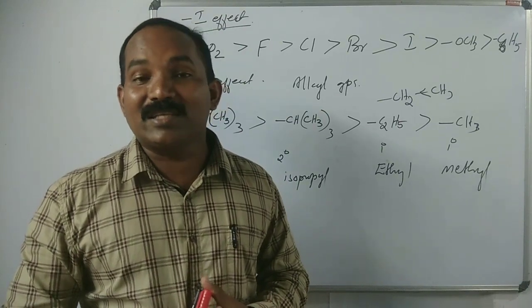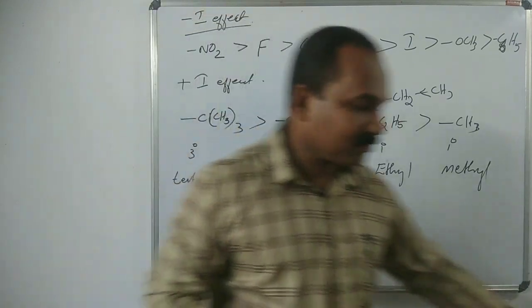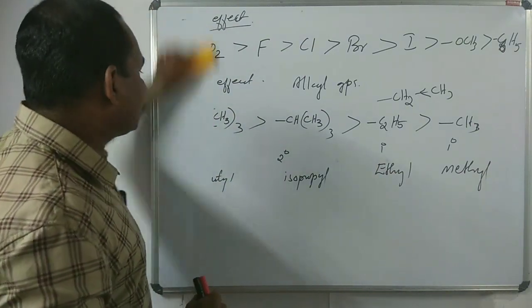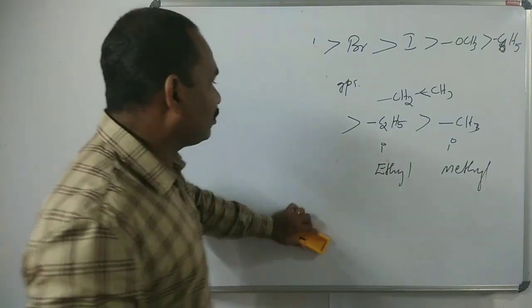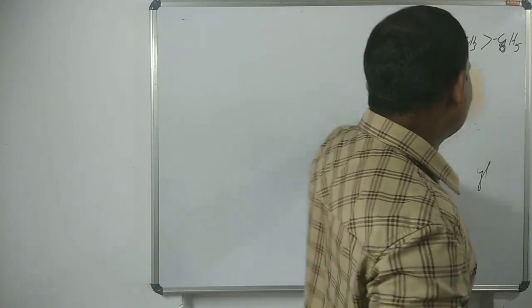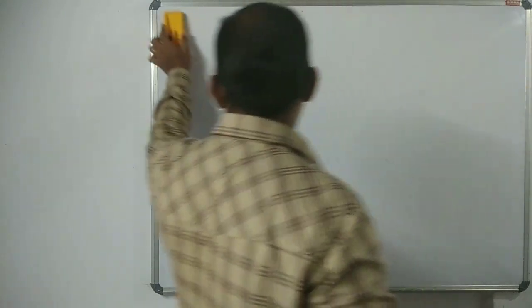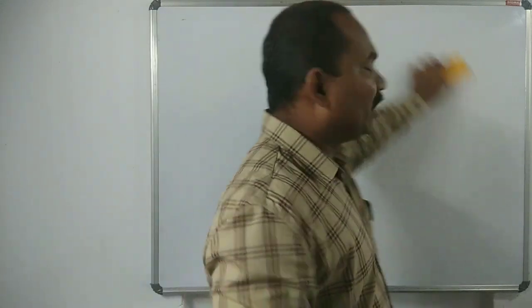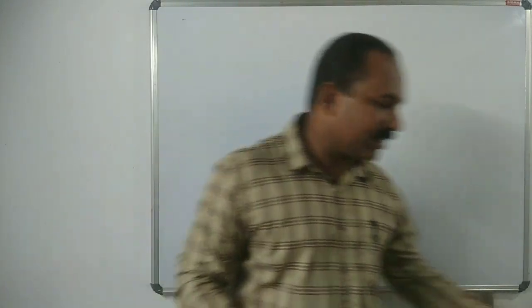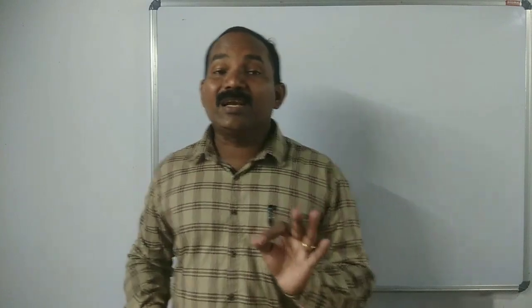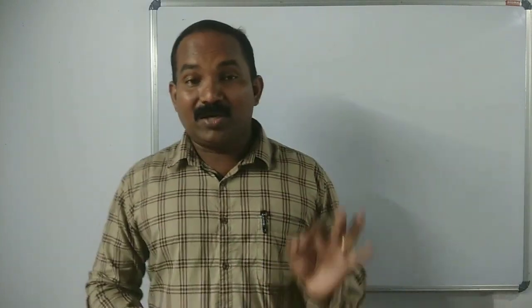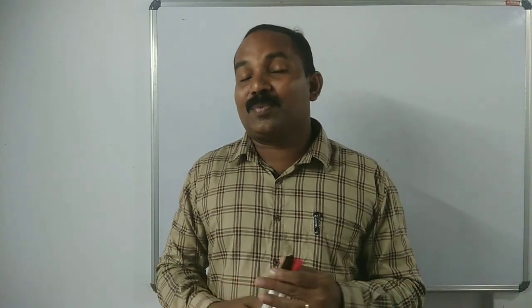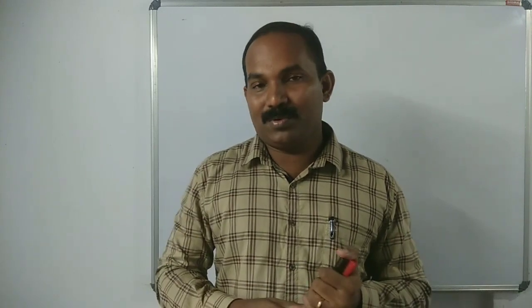The next is resonance effect. Resonance effect we discussed in the 4th chapter. What is resonance? Please refer to the resonance and resonance energy section. A single structure does not describe the properties of a molecule.